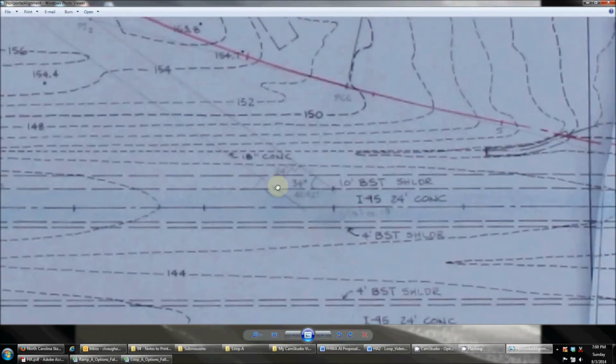Step 4 says, starting at the PI and heading towards NC 125, move along the line you drew in step 2 a distance equal to T sub S. This is your ST point.